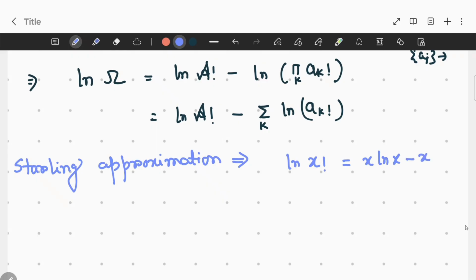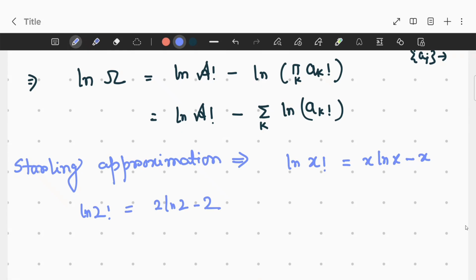But this Stirling approximation is a good approximation for a large value of x, correct? It's not true for small values. Let's say if it is ln 2 factorial, x is 2, then ln 2 factorial equals 2 ln 2 minus 2. So this is not a good approximation.